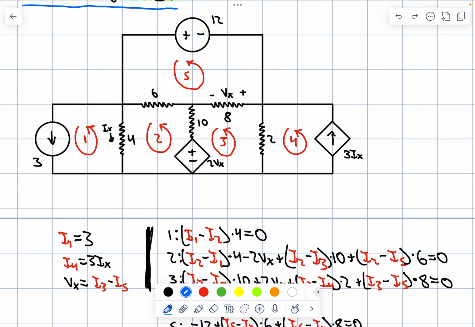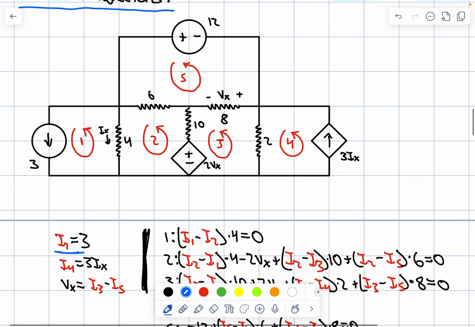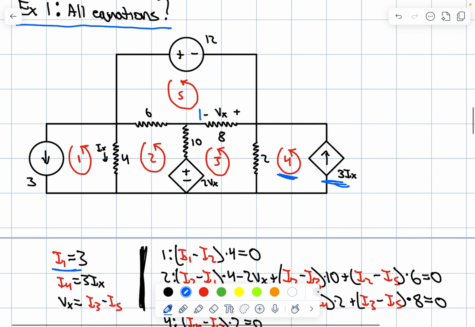The first things I notice before we even do mesh current are, like I said, I1 is equal to 3, I4 right here is equal to 3ix, and then this Vx here is equal to, well, let's look at if we want to put it in terms of Ohm's law, Vx is equal to the current going through that 8 ohm resistor times the resistance value, because V equals IR, right?